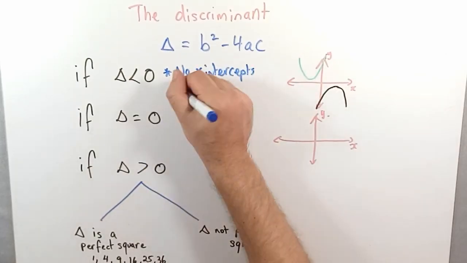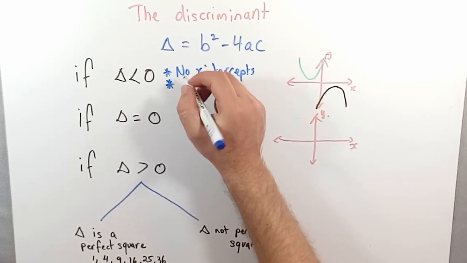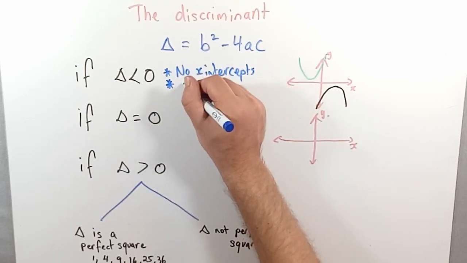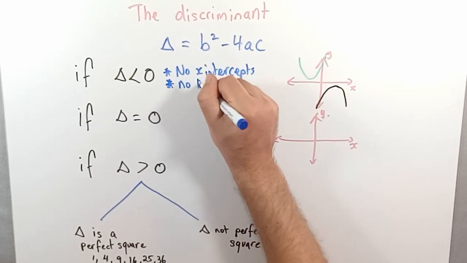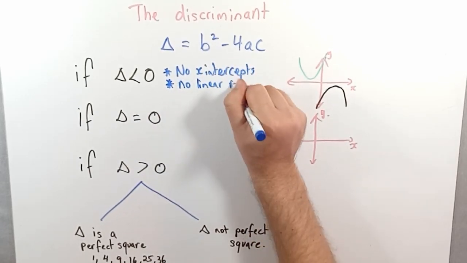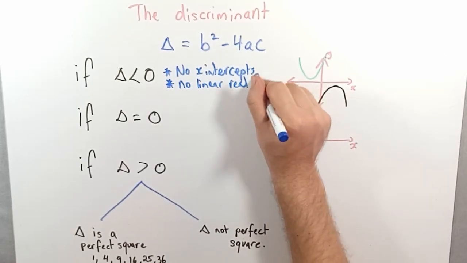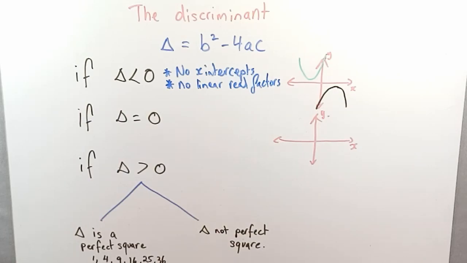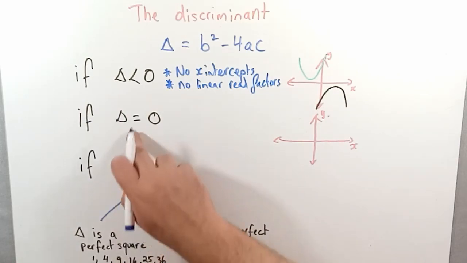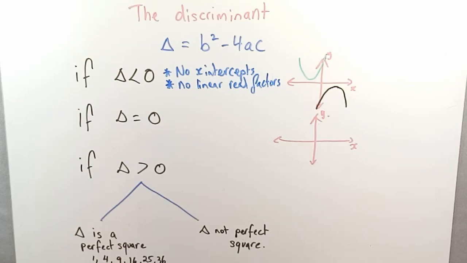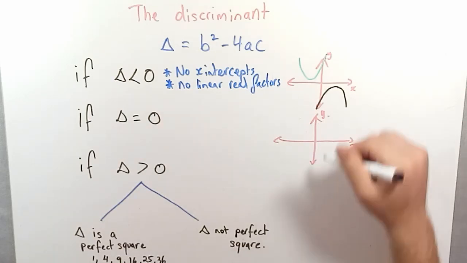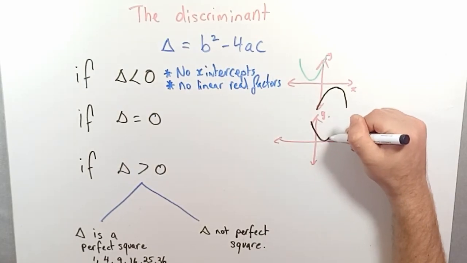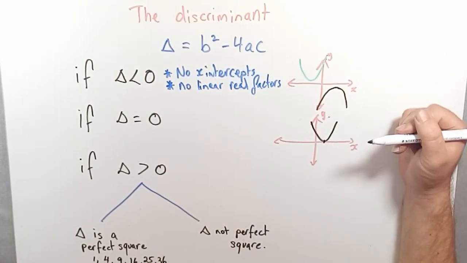All right. Also, you're not going to be able to factor into linear factors. So no linear real factors. There we go. What if the discriminant is equal to 0? If it's equal to 0, then you've got your parabola sitting on the axis at a particular point, so there's only one x-intercept.